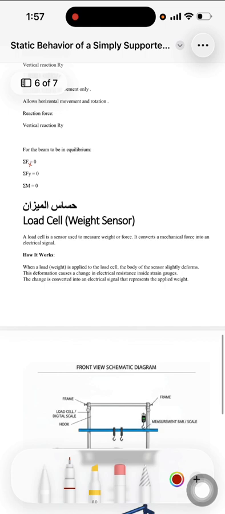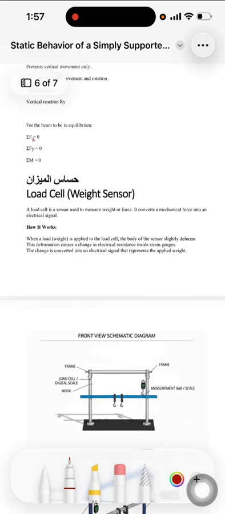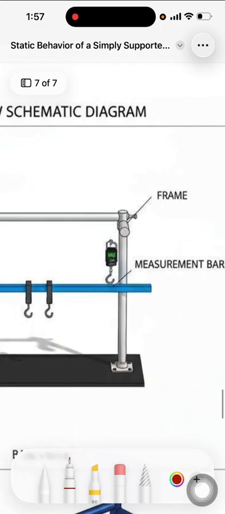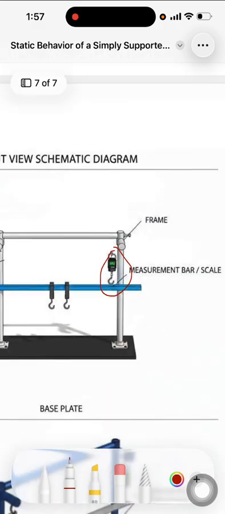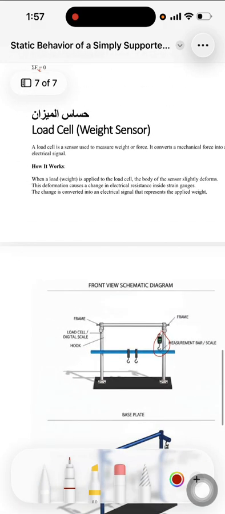A load cell is a sensor used to measure weight or force. It converts a mechanical force into an electrical signal. How does it work? This is our weight sensor. How does our weight sensor work?